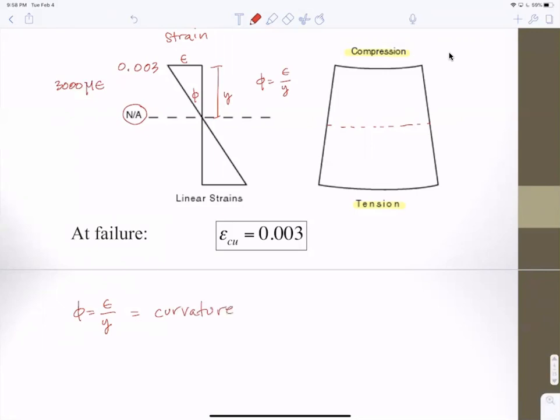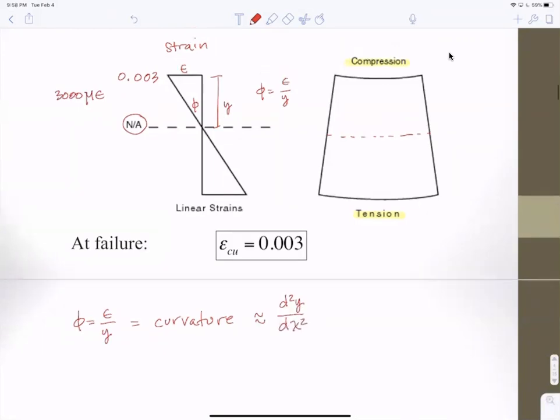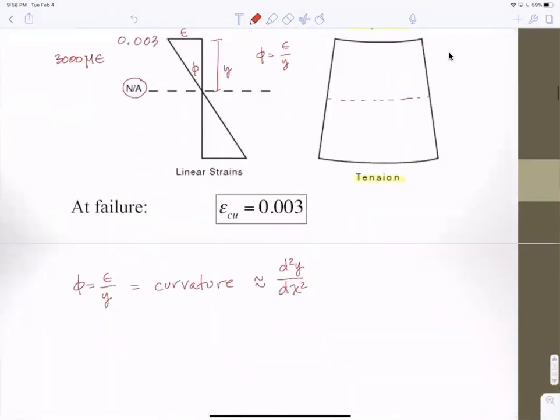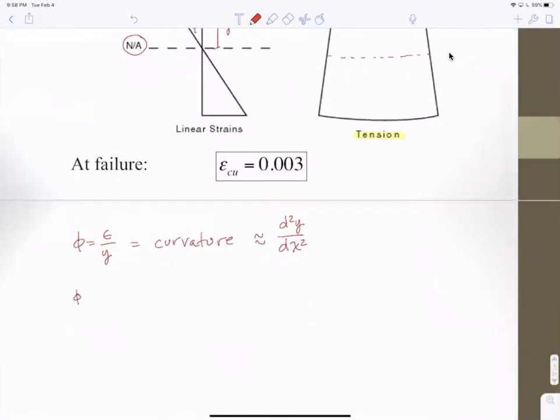The curvature is approximately equal to, for small deflections, the second derivative of the deflection of the beam. The other thing the curvature is, is 1 over the radius of the deflected shape.